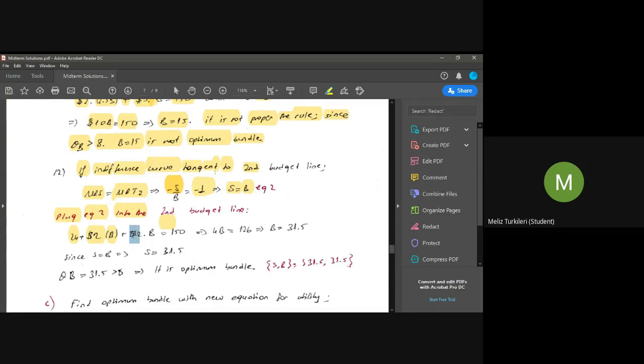I know that the price of bags is equal to 2 and we have the amount of B, and this is equal to 150. This is our second budget line. I just plug equation 2 into the second budget line. If we do the math, I will find out that for B equal to 126, if I leave alone the B, I will find out that B should be equal to 31.5.